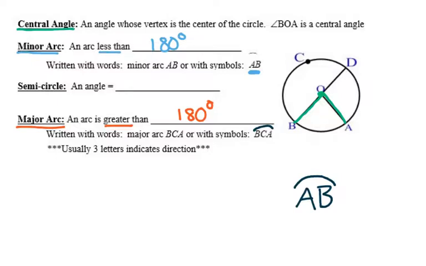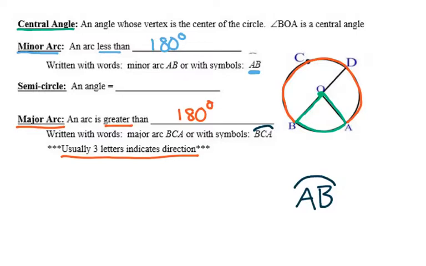If we look at these two different arcs on our picture here, we have arc AB going from A to B, and then we have major arc BCA, so we're starting at B, C, A. Now, the order really makes a difference here.